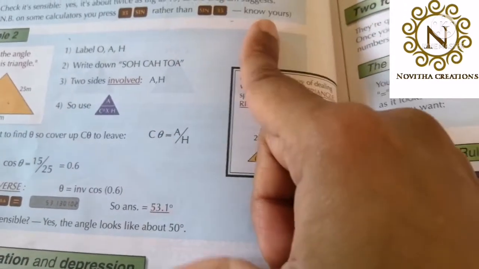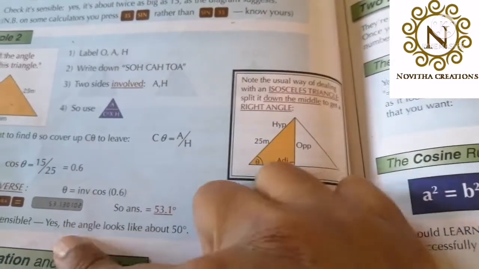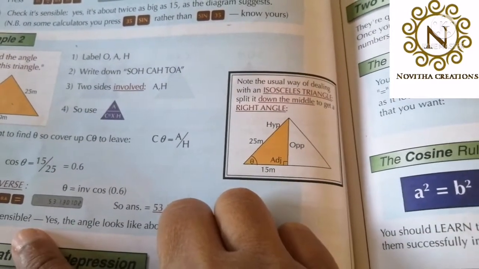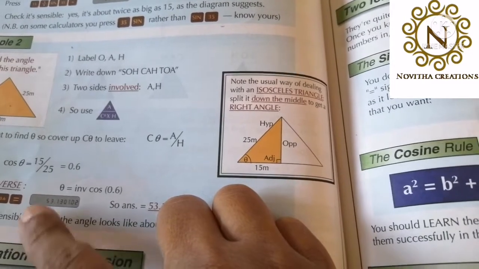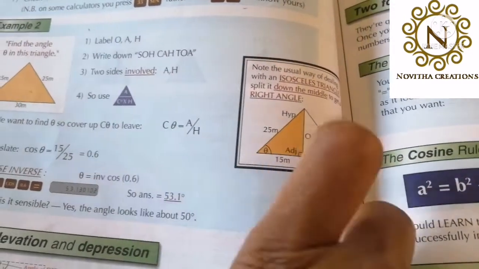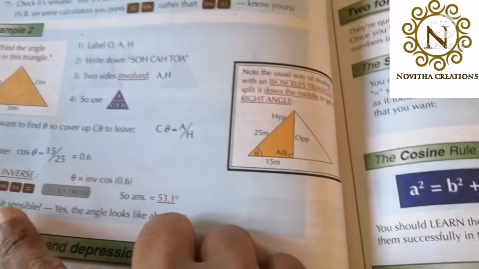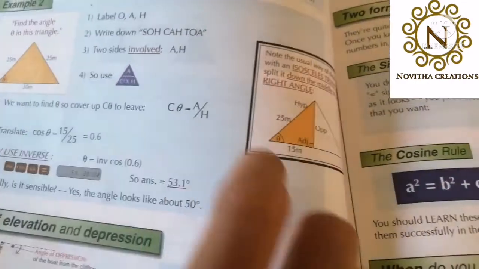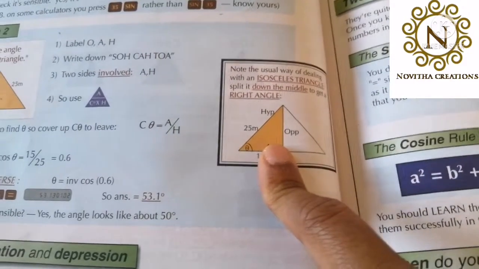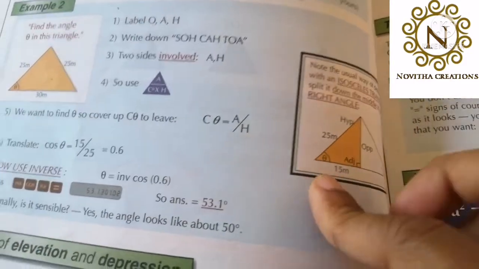In some calculators you need to press cos inverse 0.6 rather than 0.6 cos inverse. So it depends on your calculator model.